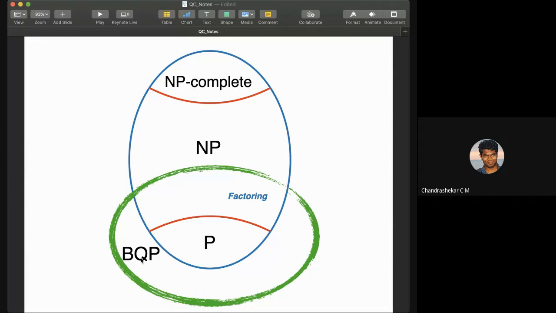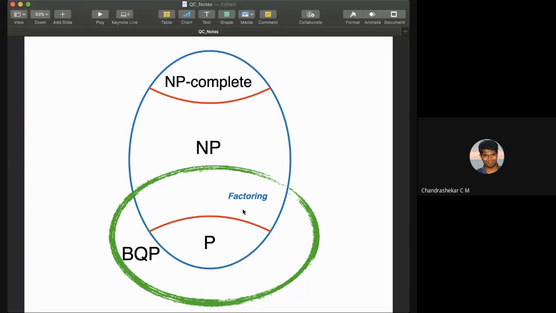We have been told that there are many problems which are NP-hard but can be solved in bounded-error quantum polynomial time. Some of the problems, not all NP problems, have been shown to be solvable using quantum computers, but this is a shaded region, which means these are not fixed or well defined.